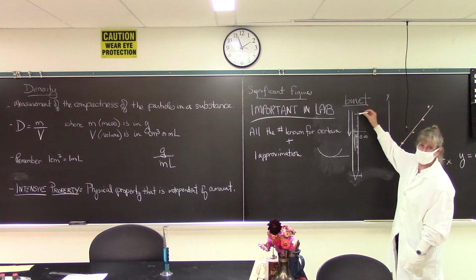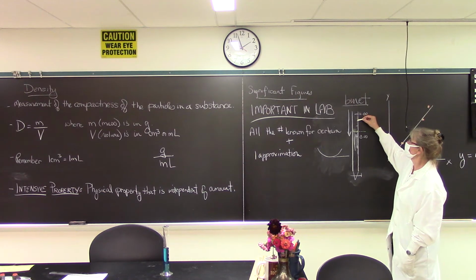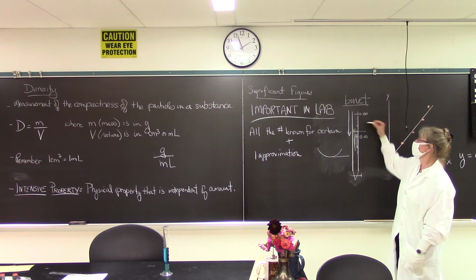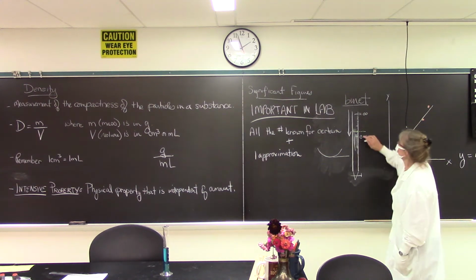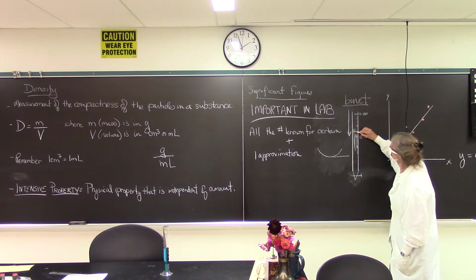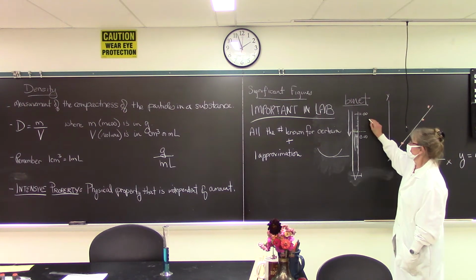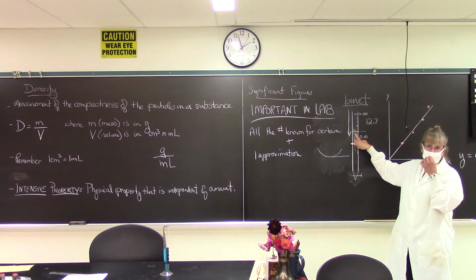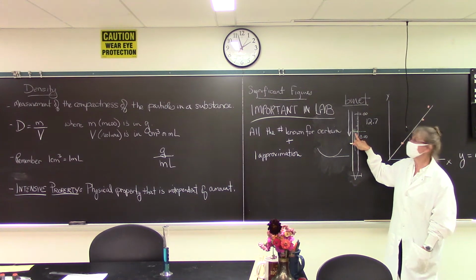I have delivered 12, 0.1, 0.2, 0.3, 0.4, 0.5, 0.6. I have delivered 12.7. Now my next line was right here. So I have delivered 12.7, but it's not right on the 0.6 or the 0.7.